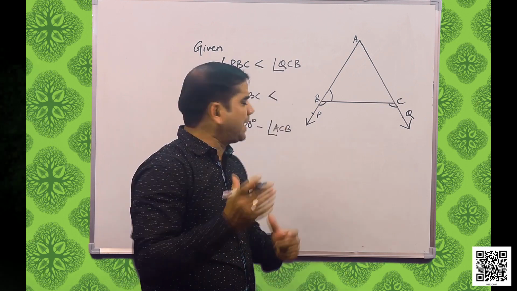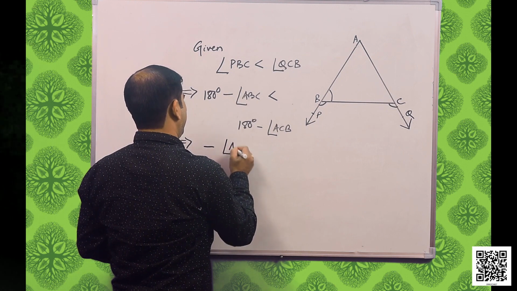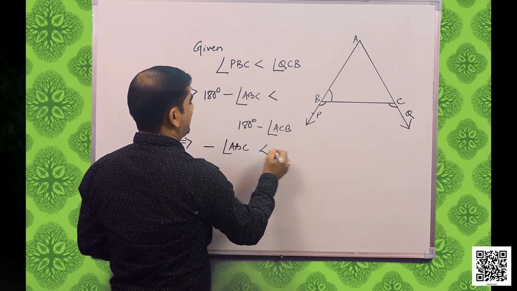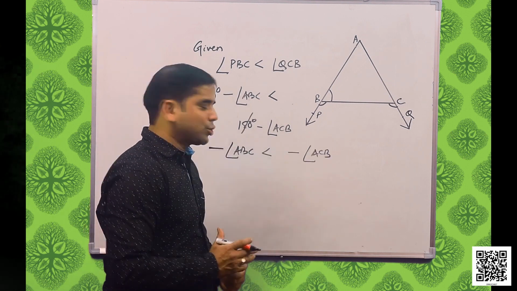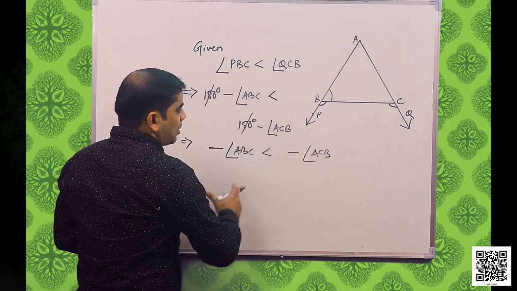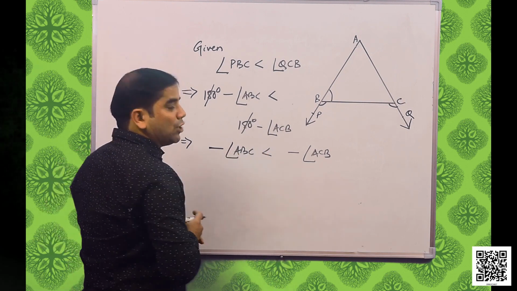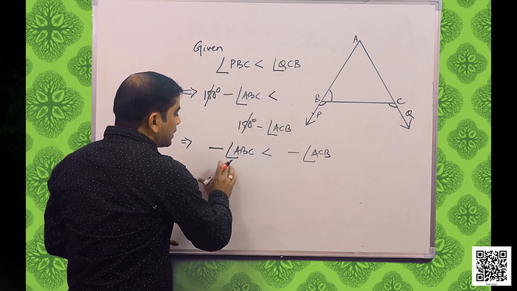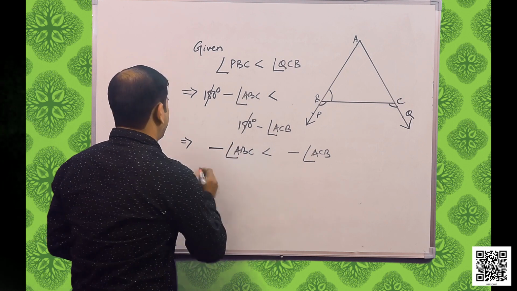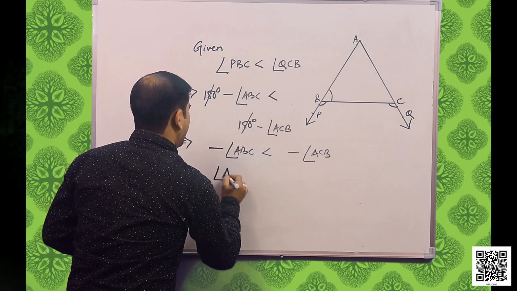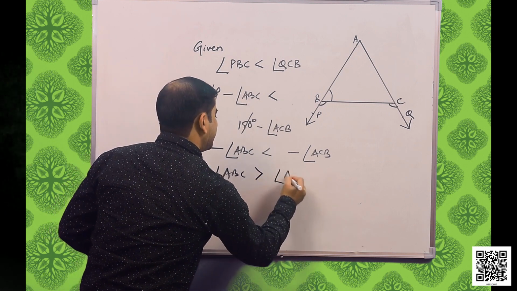Fine. What does it imply? It implies minus angle ABC is smaller than minus angle ACB. So students, now we have the smaller than sign over here. To get the positive angles, when we interchange the positions, we come to angle ABC is greater than angle ACB.